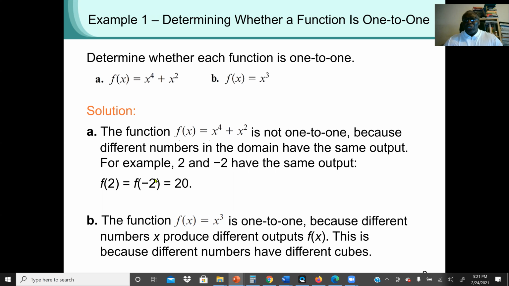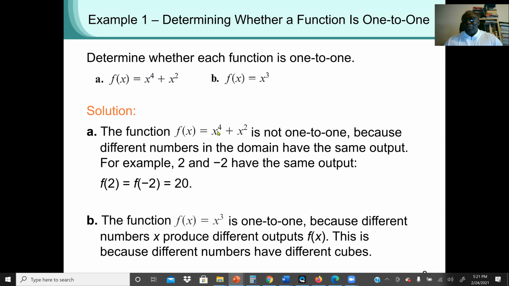So the solution says the function f of x equals x to the power 4 plus x squared is not a one-to-one function, because different numbers in the domain will have the same output. If I have -2 and +2, they are two different input values, the x values, but they are going to generate the same output, which will be 20.